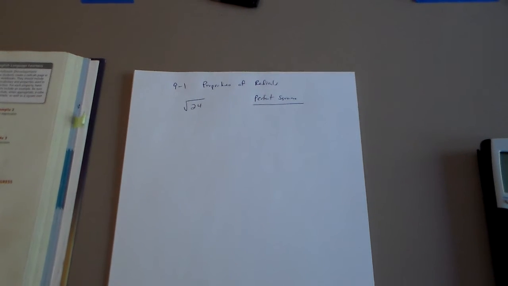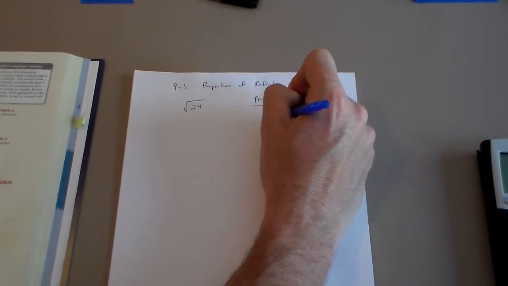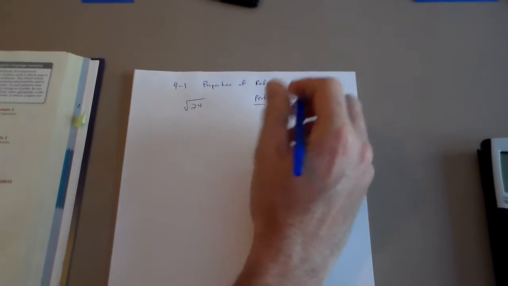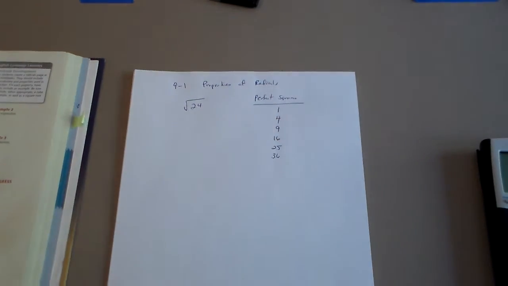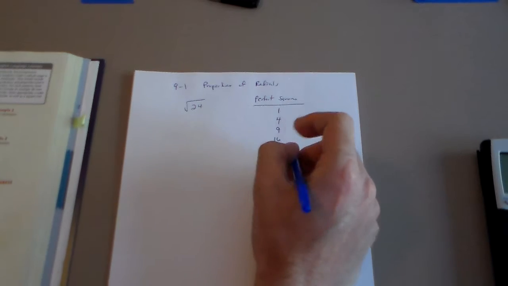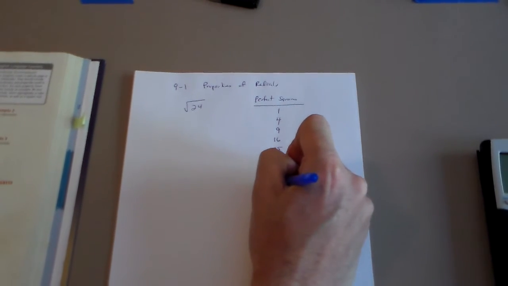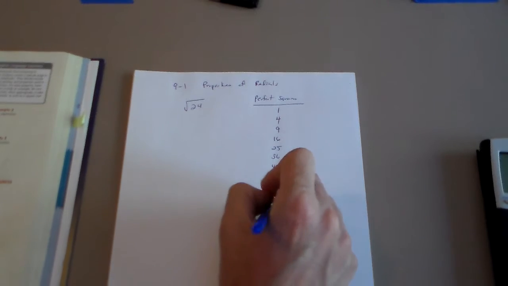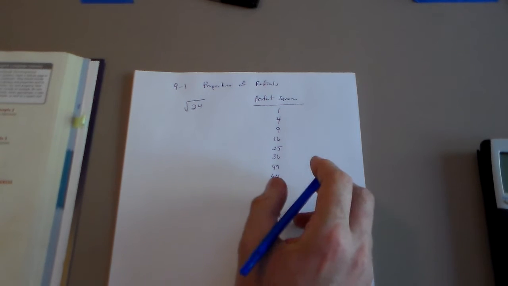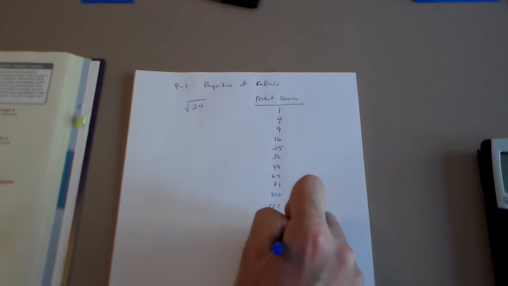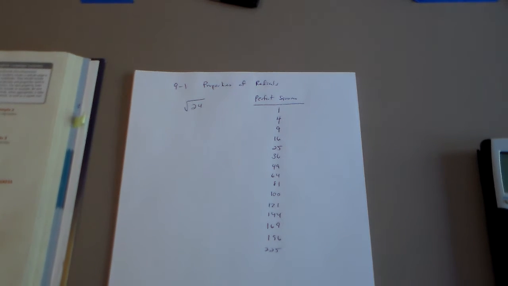This is not a list that you have to memorize, because you can create this list anytime you want. 1 squared is 1. 2 squared is 4. 3 squared is 9. 4 squared is 16. 5 squared is 25. 6 squared, 36. 7 squared, 49, 64, 81, 100, 121, 144, 169, 196, 225. Again, you can make that list anytime you want. You don't have to memorize it.